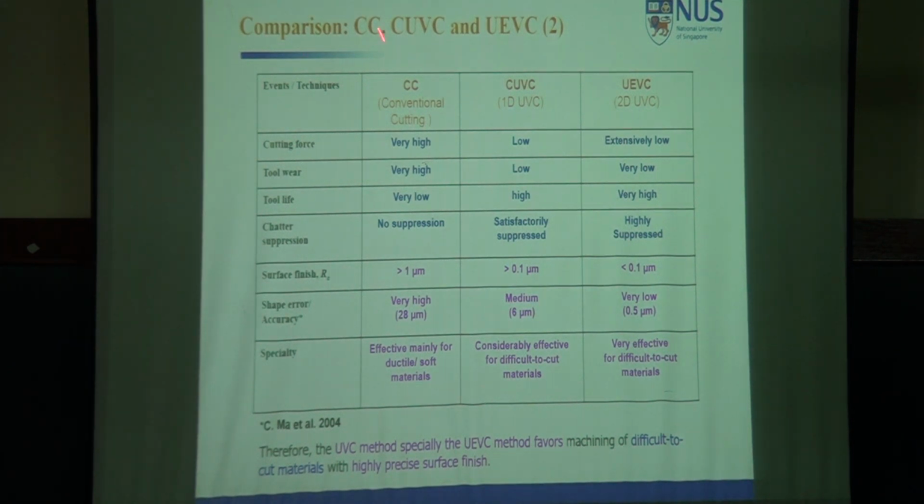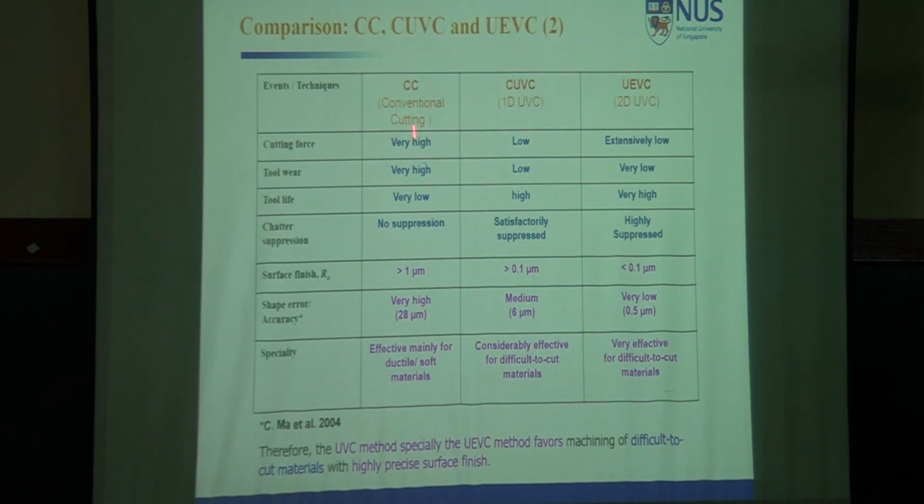If you compare conventional cutting, conventional ultrasonic vibration cutting, and elliptical vibration cutting, for cutting force, in conventional diamond turning, cutting force is very large. For ultrasonic, it is low, and for elliptical vibration, cutting force is extremely low. Tool wear, conventional cutting very high, ultrasonic cutting low, and for elliptical vibration very low.